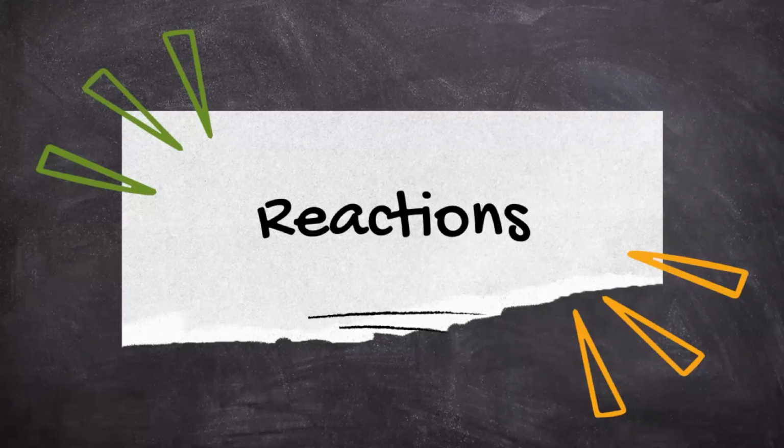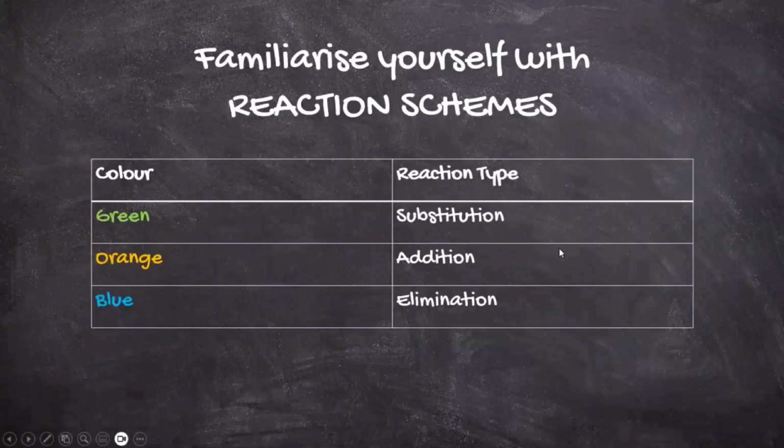And I'm going to walk you through how they ask this, and how to approach a question on a reaction as well. The way this has been asked for years now is that they give you a reaction scheme, but with blanks.